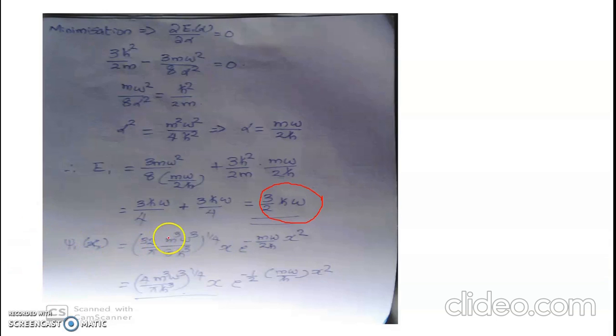Then we replace alpha in the expression for the wave function psi1 of x now. 32 by pi alpha cube was there, alpha is substituted here, raised to 1 by 4, x e raised to minus alpha x square. So we obtain the exact form of the wave function within the limits of the variational principle as 4m³ω³ by πħ³, 32 and 8 vanish, raised to 1 by 4, x e raised to minus half again mω by ħ into x square.